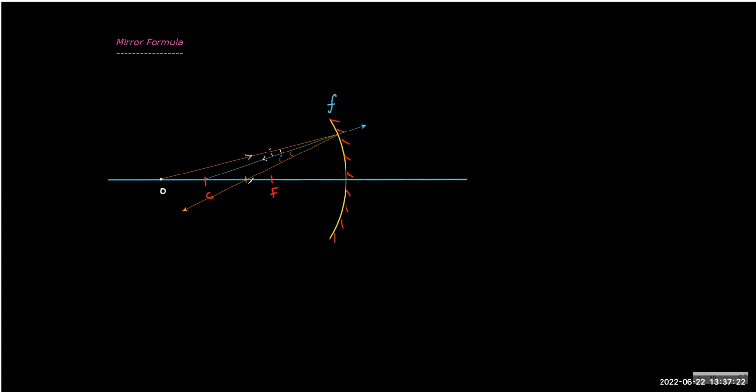And this is exactly where the image will be formed. So we know the I now. This is P, the pole.